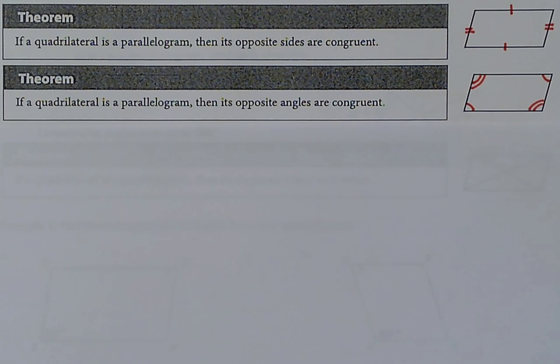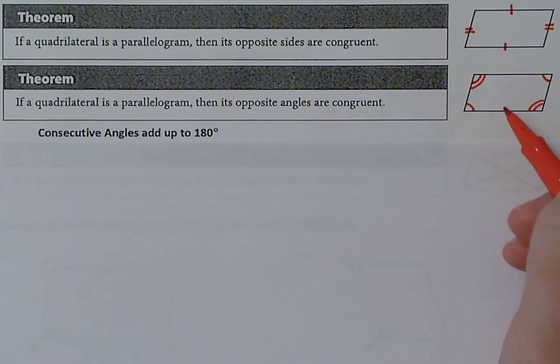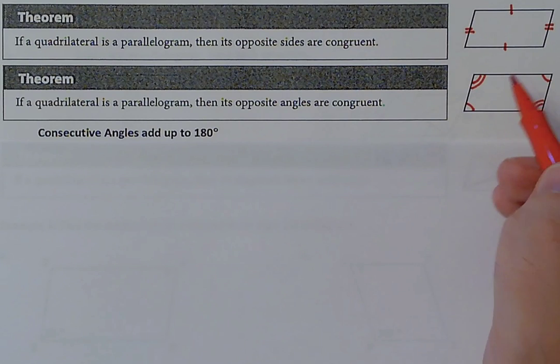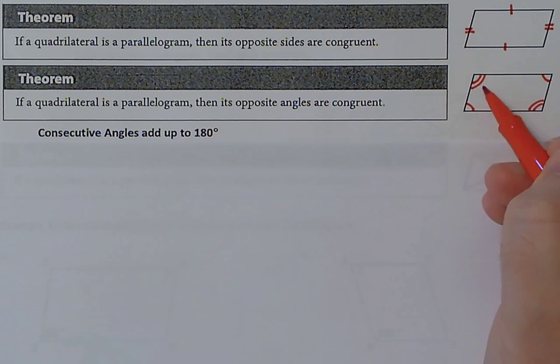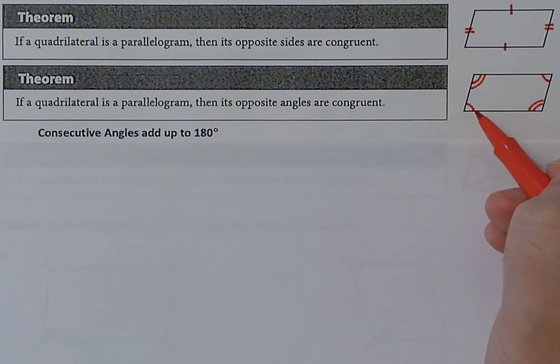Now, to build off of this theorem, there's another property that pops up, and that is that consecutive angles add up to be 180 degrees. So what are consecutive angles? Consecutive angles are angles that are next to each other, so these two would be considered consecutive angles. So if this is 130 degrees, that means this has to be 50 because they have to add up to 180.